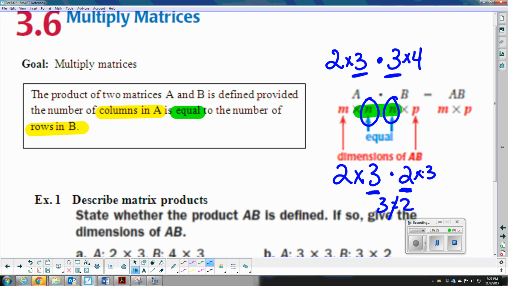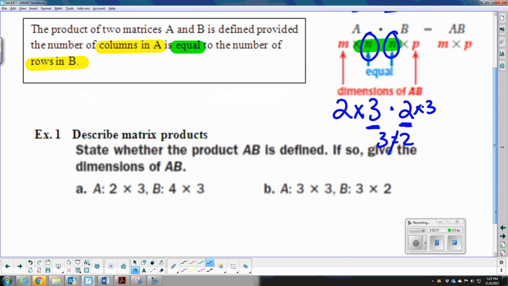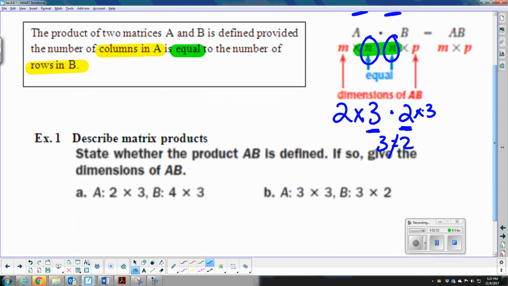If the columns in the first are not equal to the rows in the second, then we cannot perform that operation of multiplication. It's not defined. So the product matrix of the first and the second matrix would be undefined.